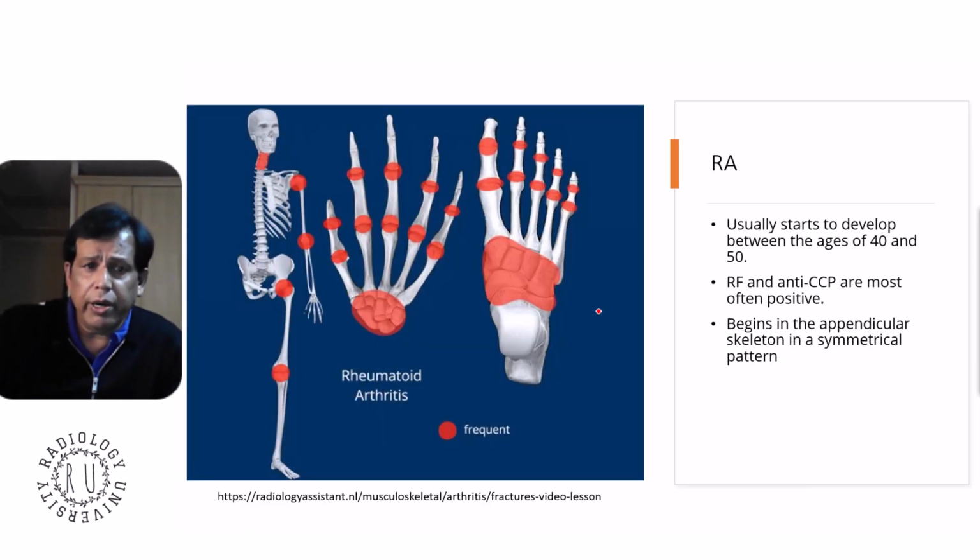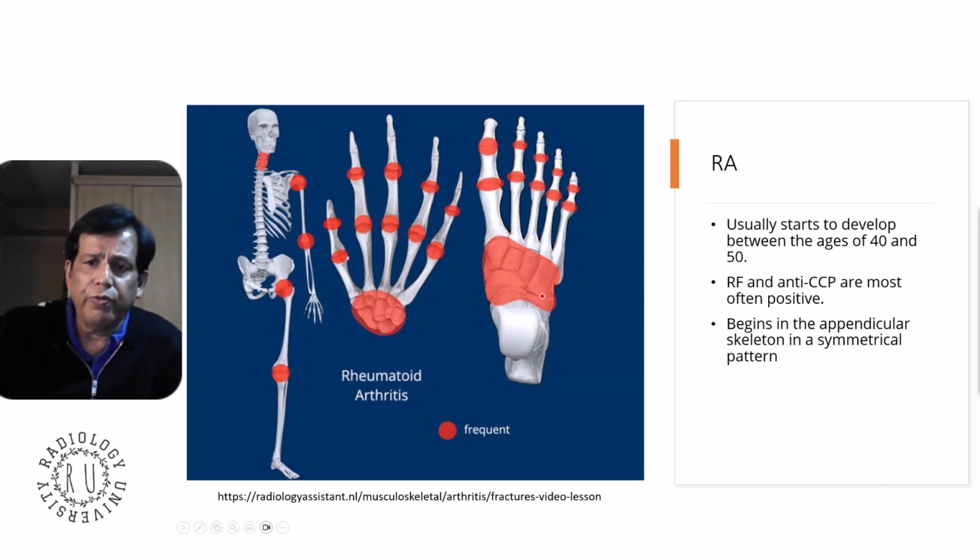So just going through RA. RA is proximal and distal, both hands and feet. It can involve bigger, larger central joints like knee, hips, elbow and shoulder when the disease is more chronic, but it starts with the hands and feet distally. Middle age, common in females.